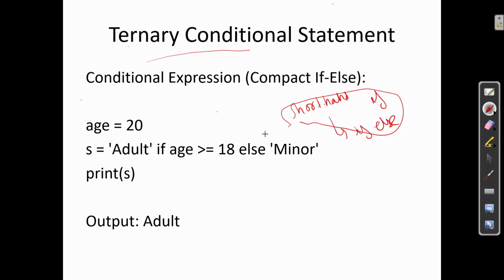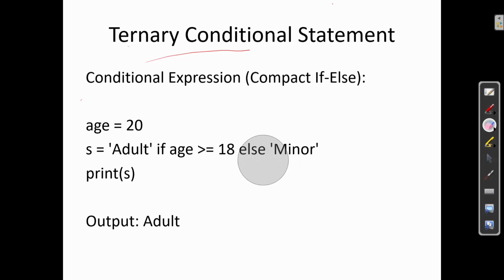In normal conditions, we write a condition with a long process of code. Similarly in other conditional statements, but in a ternary conditional statement, we write only a single-line program.